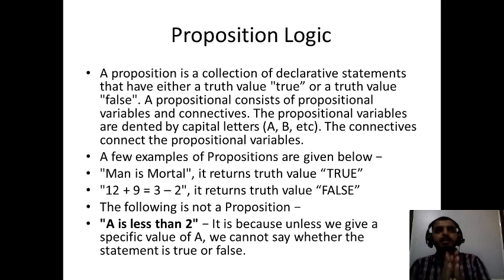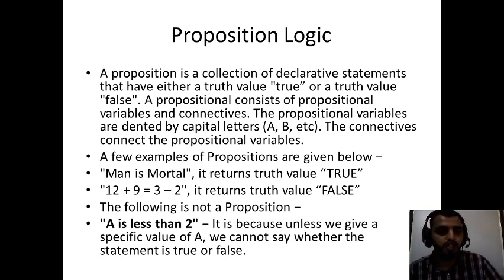We are going to see what the connectives are in the coming slide. They are used to decide whether a statement is true or false, how one statement is related to another statement, and how one statement is connected to another.